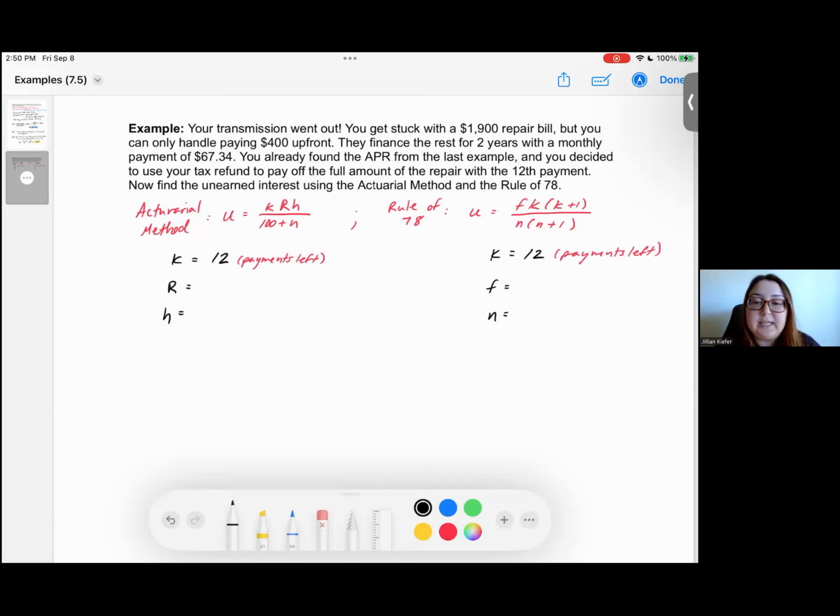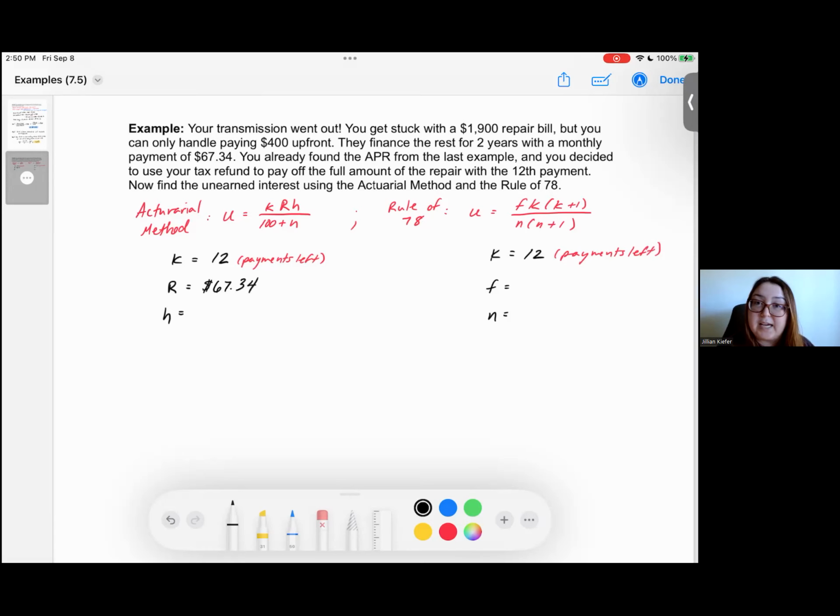All right, then we can continue to fill in the information that we do have. R is going to be the monthly payment, which is given to us in the problem. The monthly payment is $67.34. So you can fill that in. Then for the rule of 78, the value of F, we said, was our finance charge.